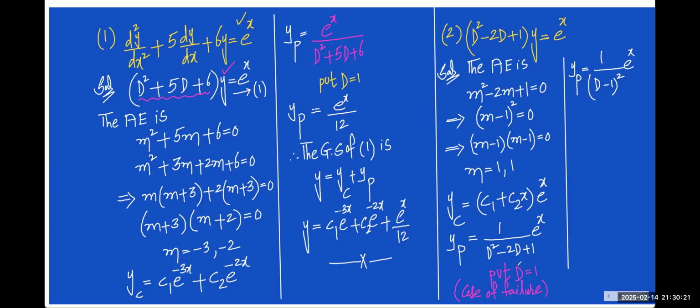In that case, the problem goes to infinity. So if that happens, we have to see the power of the roots. Look at the power here, how much is it? It is 2, isn't it? yp is equal to, if the power is 2, then we have to write like this: x to power 2 by 2 factorial into e power x.